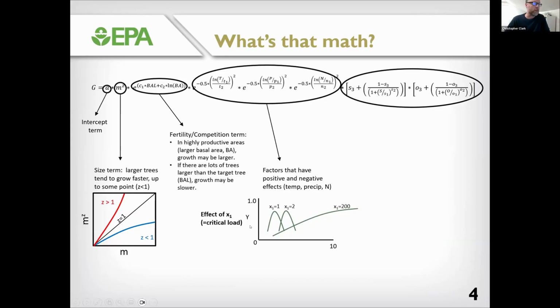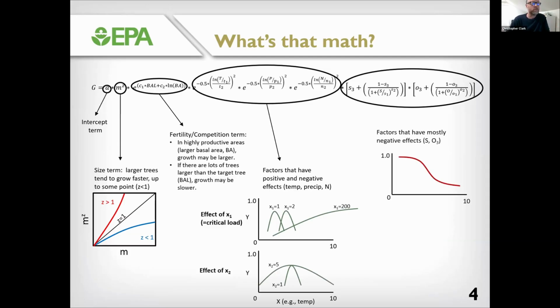And here I'm just showing you what those terms represent. The X1 term, where here is T1, P1, or N1, controls the location of that peak. So here's just a caricature of changing it from 1 to 2. And if you estimate a very large value, you can approximate a line. The second term controls the breadth of the relationship, where bigger numbers mean a wider curve.